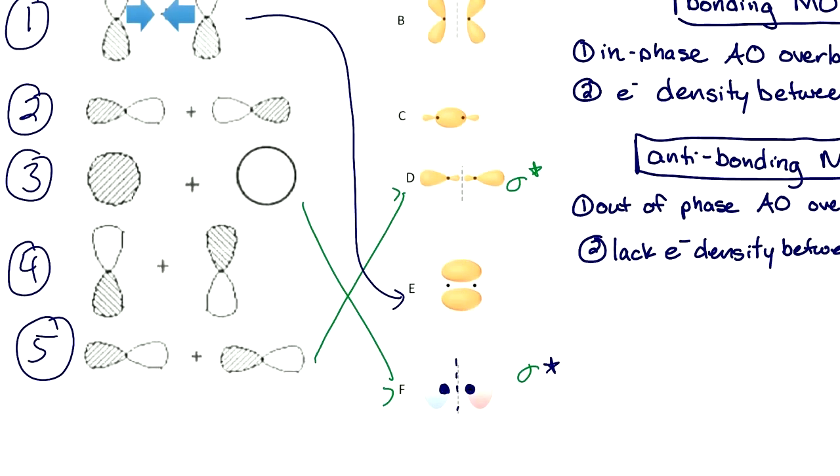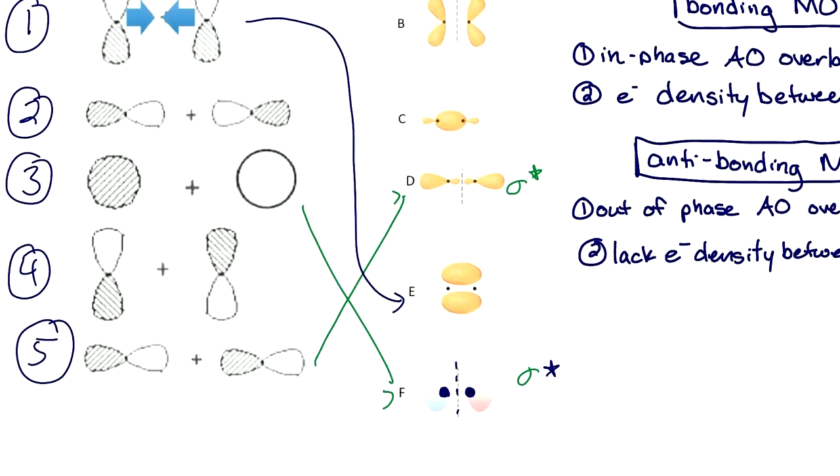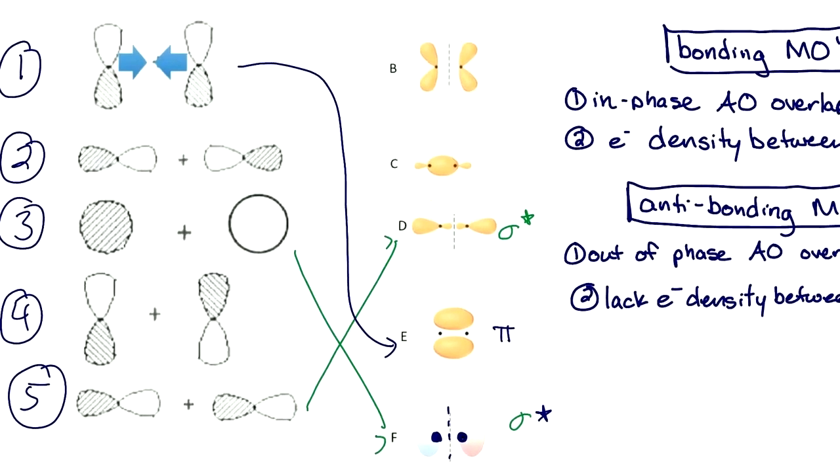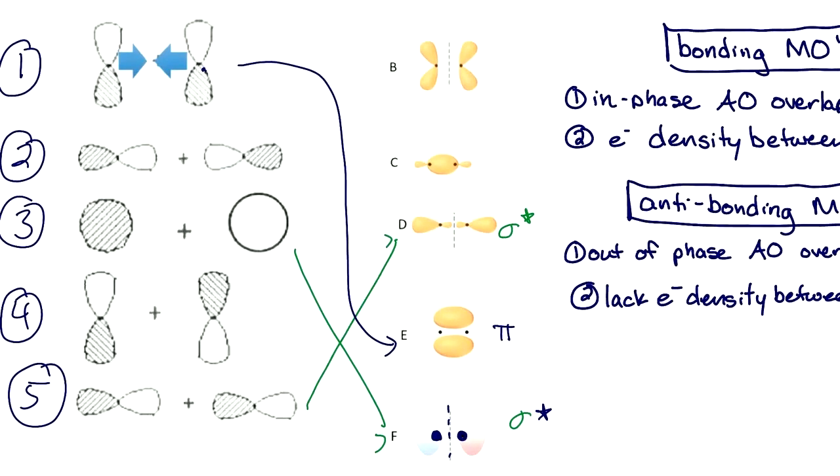Yes, that there's not technically electron density between the 2 dots, but because they're above and below the atom themselves, we still have electron density between the atoms, just not necessarily where we would draw that imaginary line of where a chemical bond would reside. So here we have a bonding orbital, specifically a pi bonding orbital. And so that's produced from in-phase combinations of p orbitals.